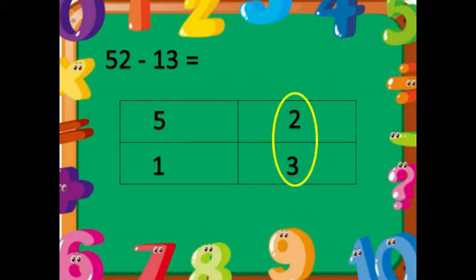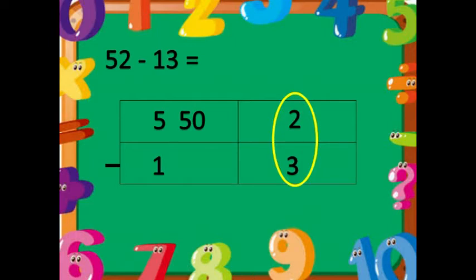So let's start to subtract 2 and 3. As we said a while ago, we cannot subtract 3 from 2 because 3 is bigger than 2. So what we are going to do is regroup the 5. When we expand 52, the 5 is equal to 50.